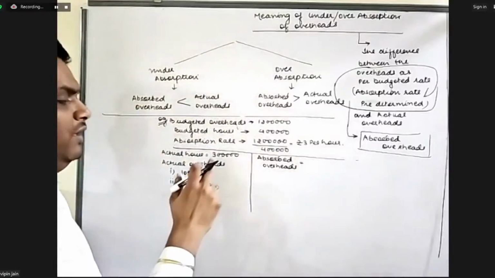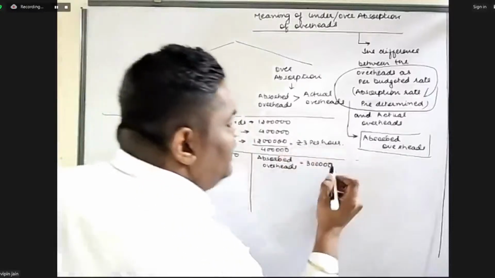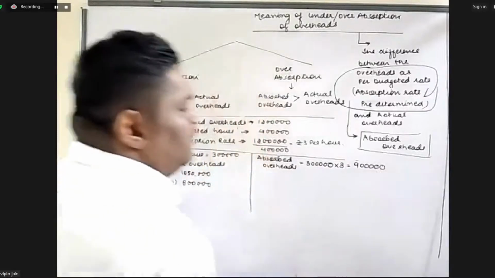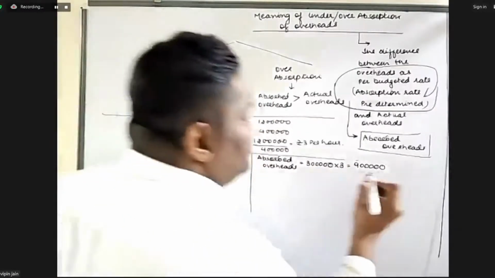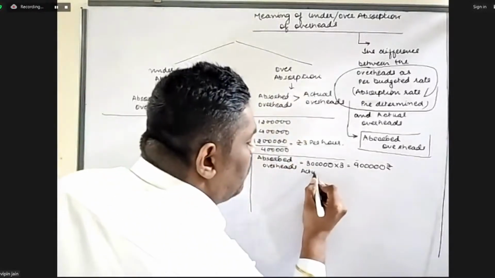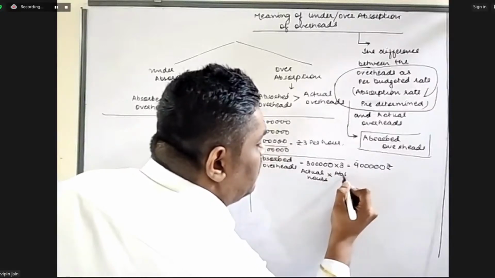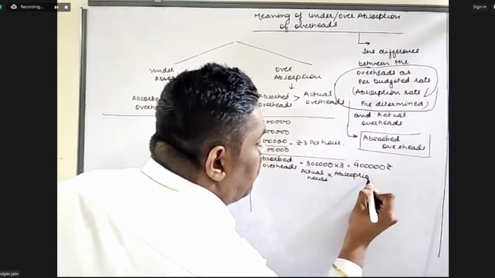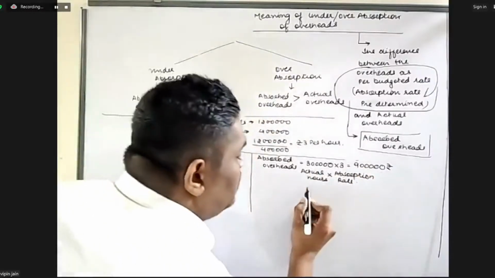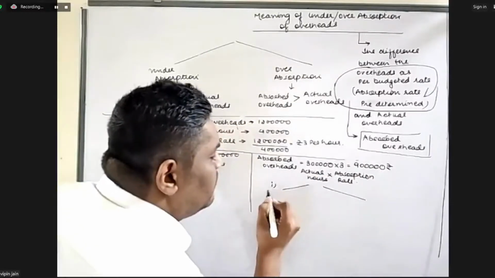Absorbed overheads will be 3 lakh actual hours into the absorption rate of rupees 3 per hour, that is 9 lakh rupees. This is how we calculate the absorbed overhead.